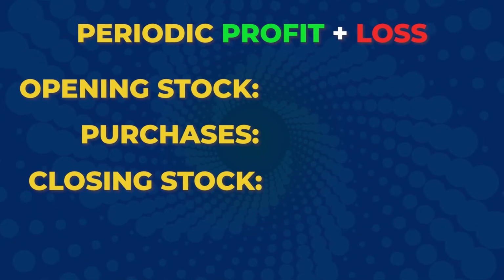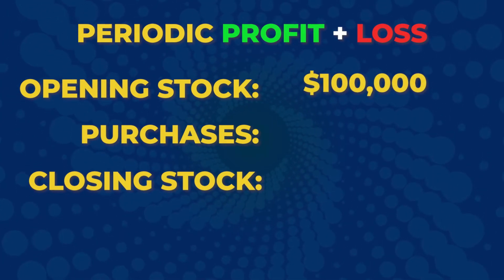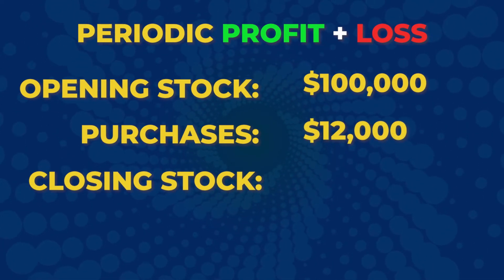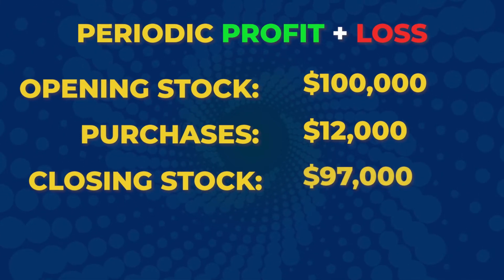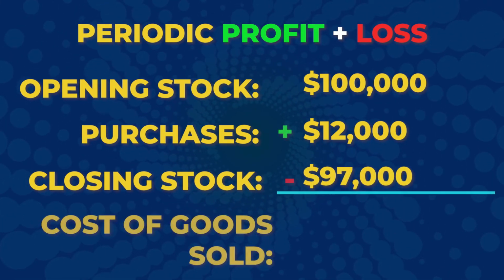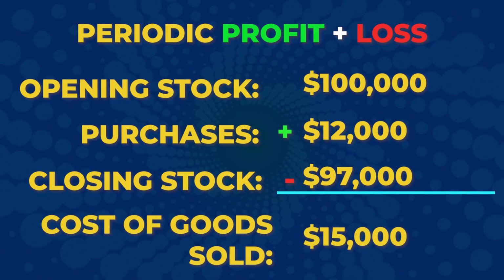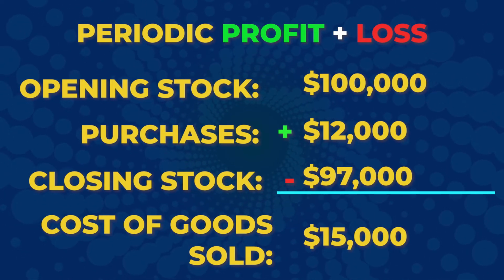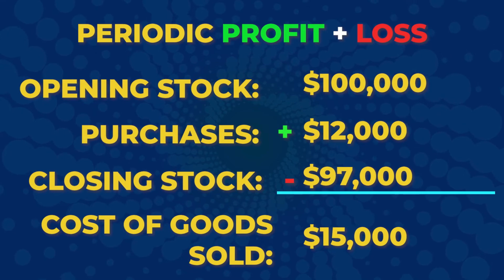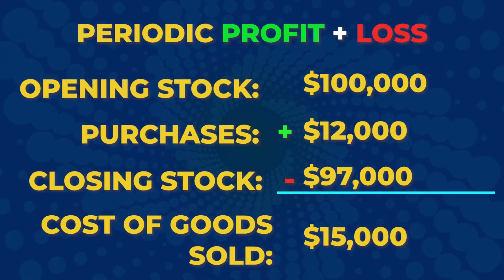In our example, we will have $100,000 opening stock, plus our purchases of $12,000, less our closing stock of $97,000 will equal our costs of goods sold of $15,000. So that being $100,000 plus the $12,000 minus the $97,000 gets us the $15,000 cost of goods sold.